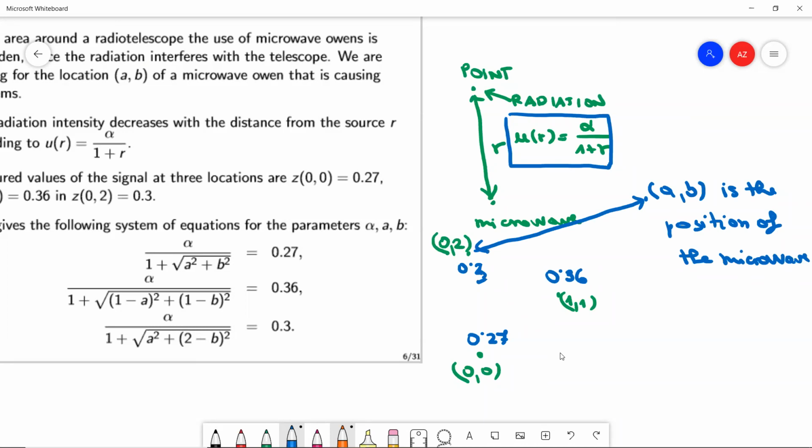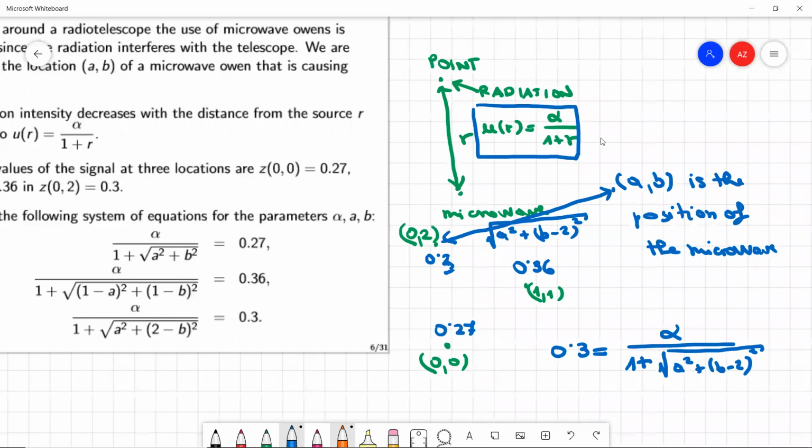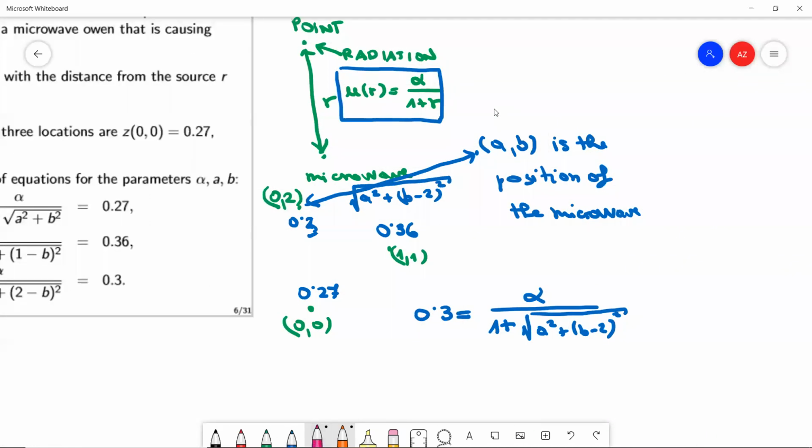By Pythagoras theorem, the distance is the square root of a squared plus (b minus 2) squared. So this means that 0.3 is equal to alpha over 1 plus the square root of a squared plus (b minus 2) squared. And then we do the same for the other 2 points.